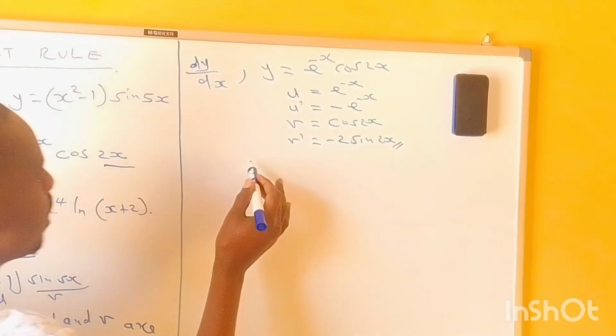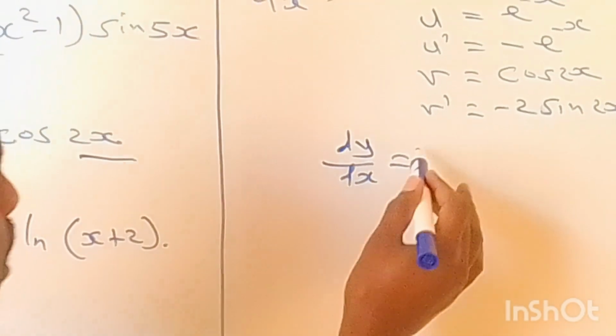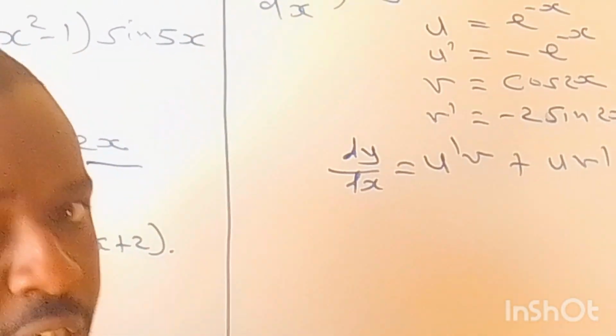So the dy over dx, using the product rule, is u prime v plus u v prime. So can we now replace there?